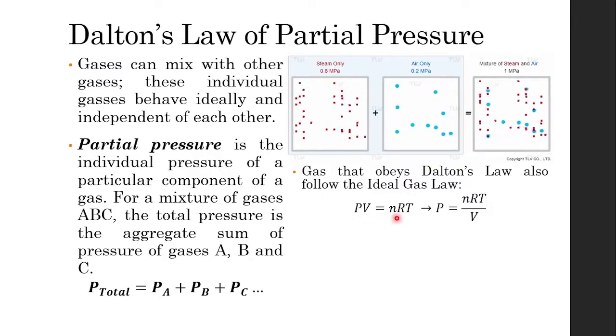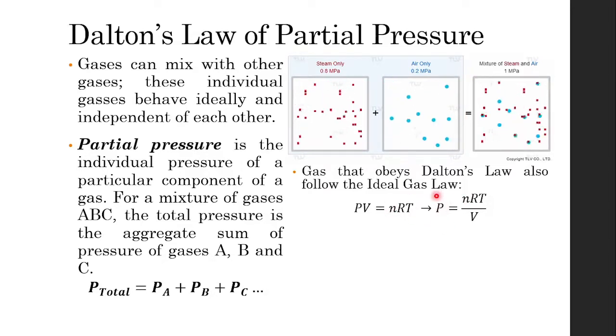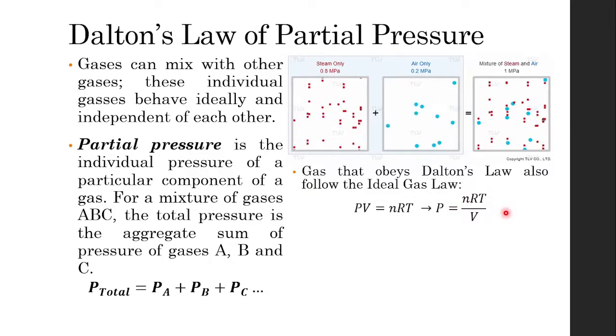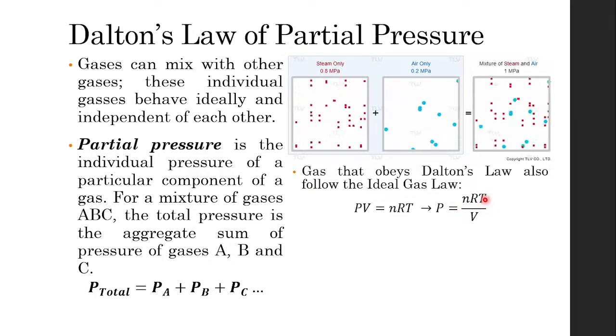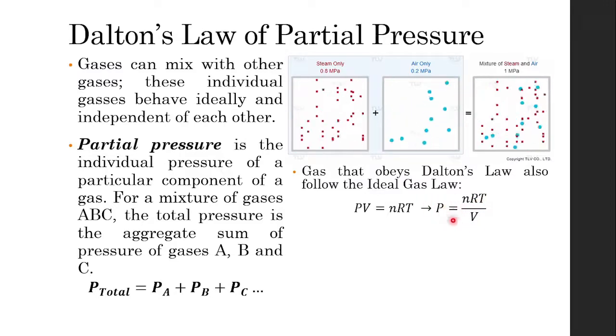If I rearrange this equation, I get the pressure of the gas in an ideal gas situation is equal to the number of moles multiplied by the R constant multiplied by the temperature, divided by the volume of the gas.